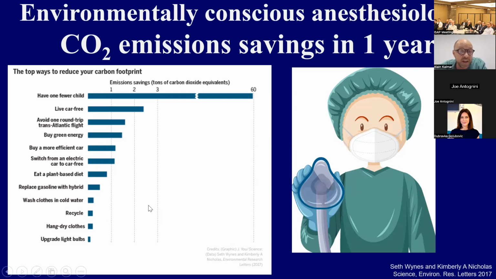So for instance, if you would become a vegan, then that would save about 800 kilograms of CO2 per year. Or if you would avoid 1 round trip over the Atlantic by plane, that would avoid 1.5 tons of CO2 for 1 trip.